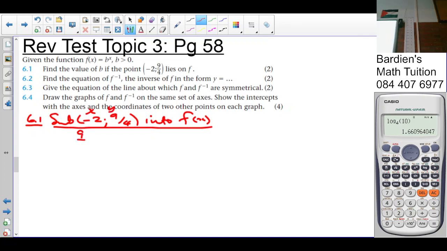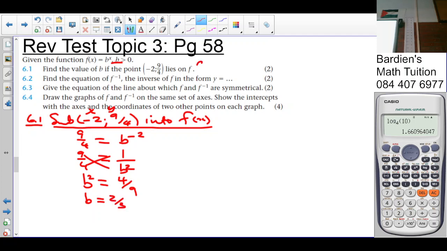So we have 9/4 equals b to the -2. Now b to the -2 is the same as 1/b squared. Cross multiply, so 9b squared is equal to 4, so b squared is equal to 4/9. Square root, plus minus, but since b is greater than 0 as indicated, it will be 2/3. So f of x is 2/3 raised to x.